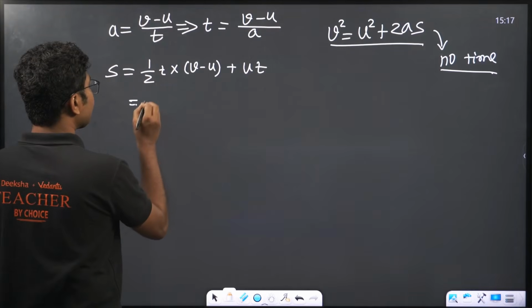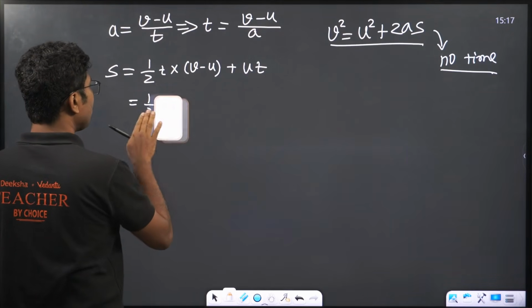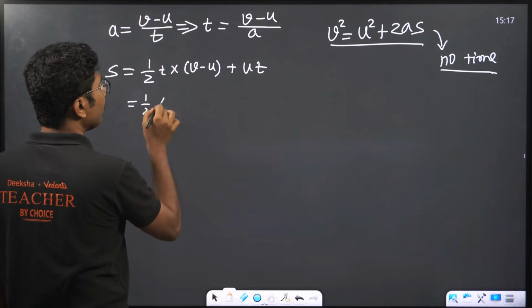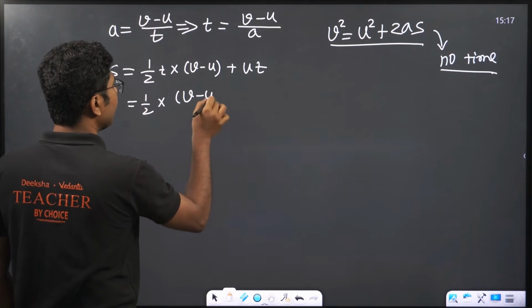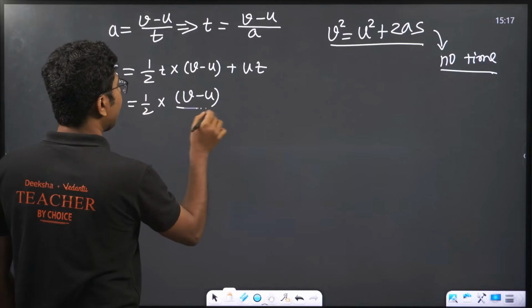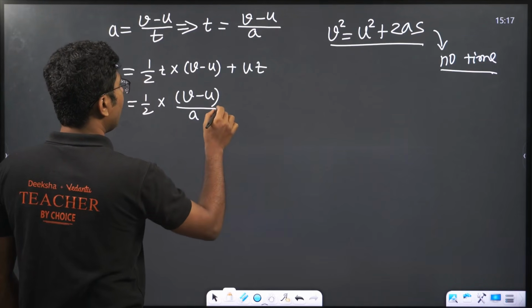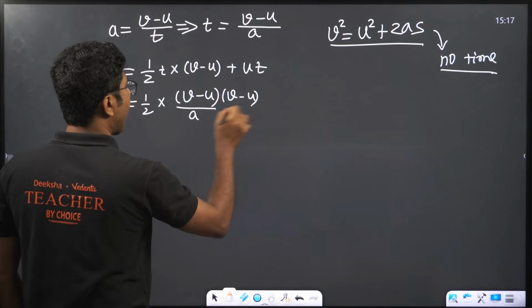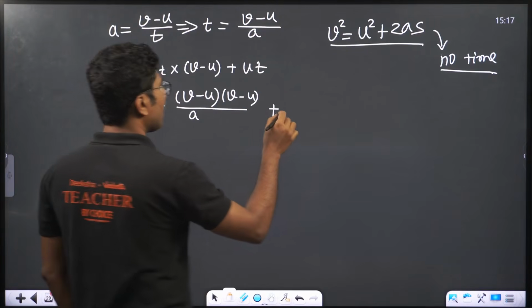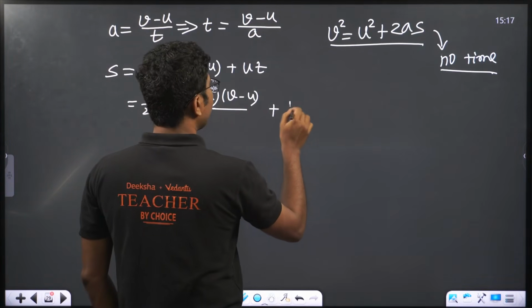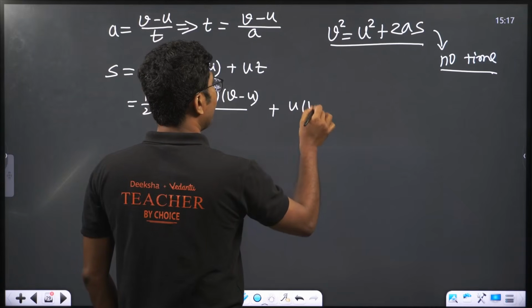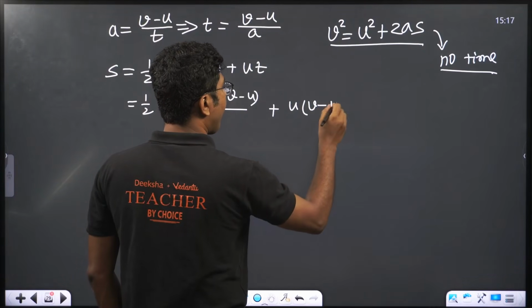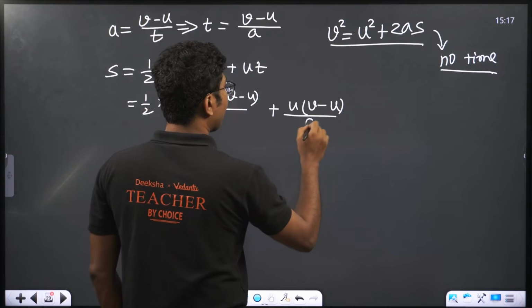So now let us substitute the value of t here: half into v minus u by a, into another v minus u, plus u into v minus u by a.